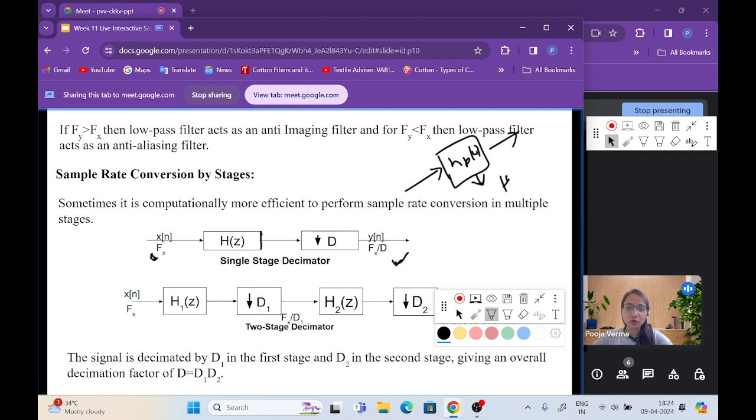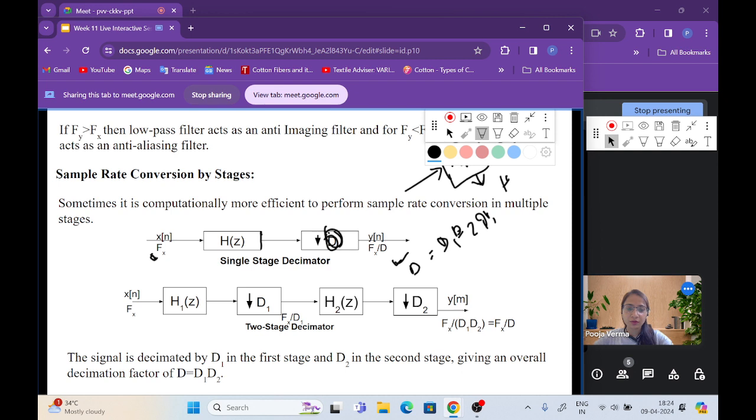While if we use a two stage or multiple stage decimator, what are we doing? We are splitting the decimation factor into multiple factors, that is D must be equal to D1 into D2, or we can divide it into more stages, D1, D2, D3 or D4. It depends on the value of the decimation factor. So here we are dividing the decimation factor into two stages. f of x is given as the input signal frequency to H1 of z, decimating by a factor D1.